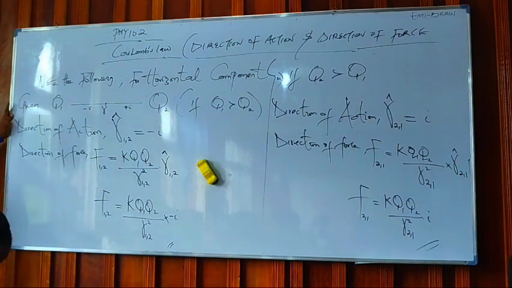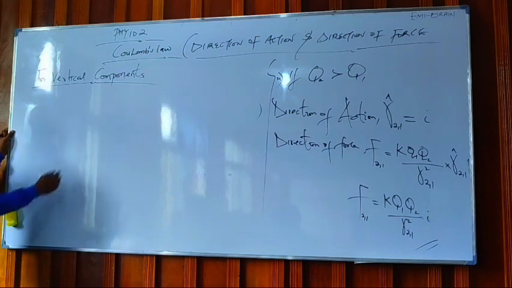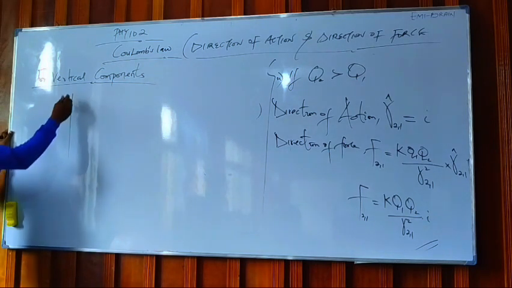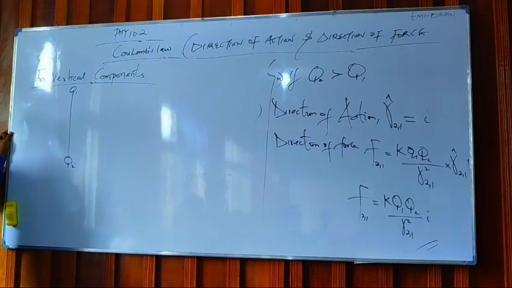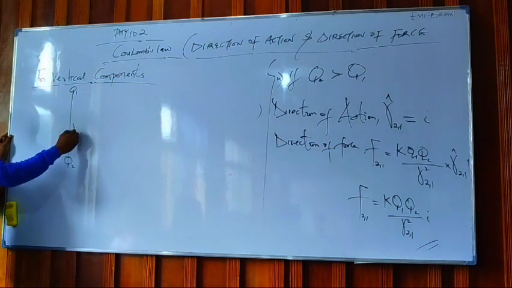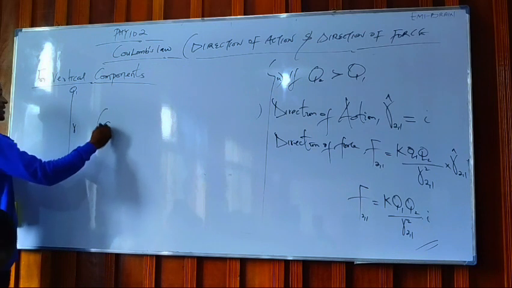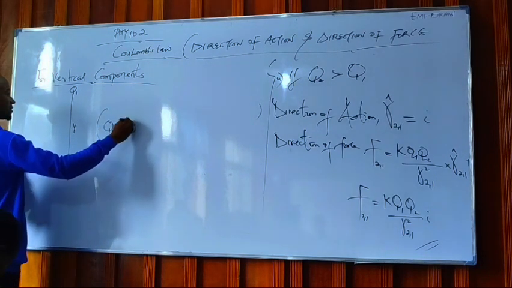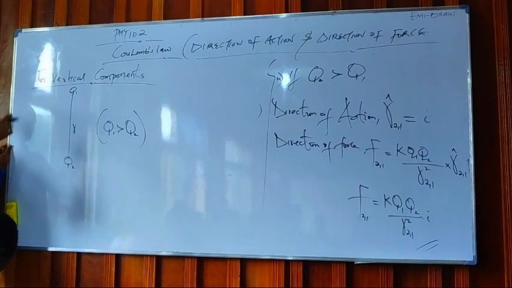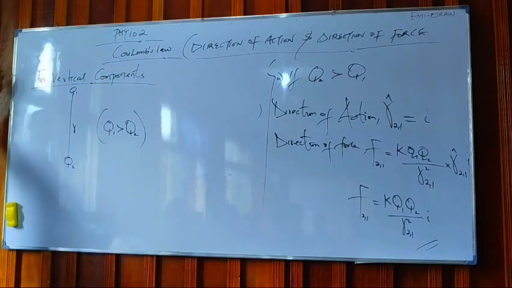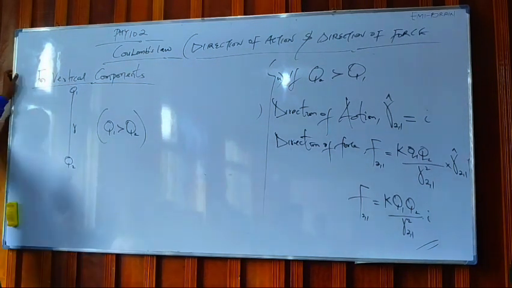But I will just pick only one of it, then I will explain. If we have charge 1 and charge 2 separated by distance R, and if charge 1 is greater than charge 2, I will just give you one, then you can use it for the rest. So who can tell me the direction of action?